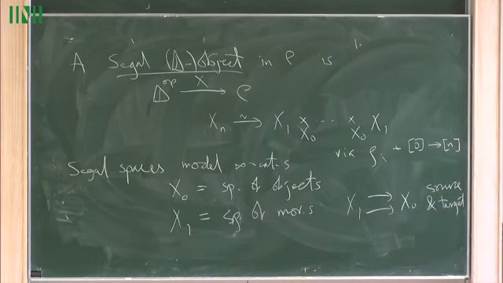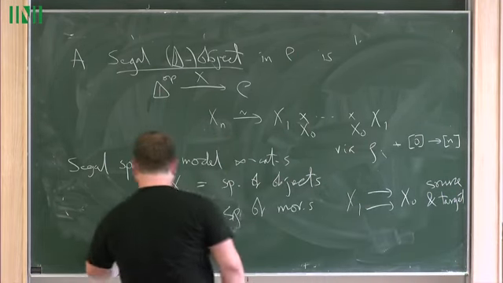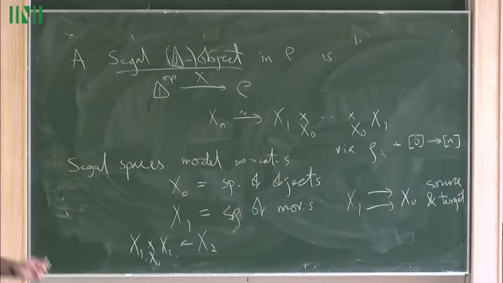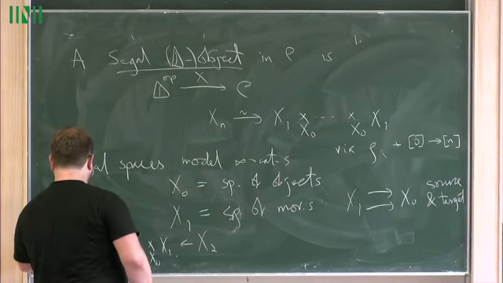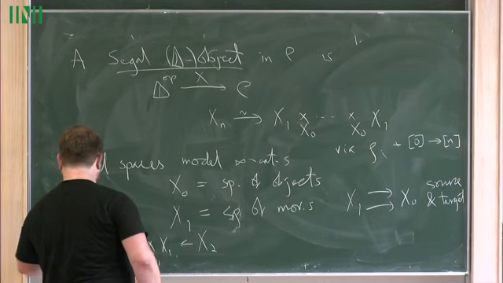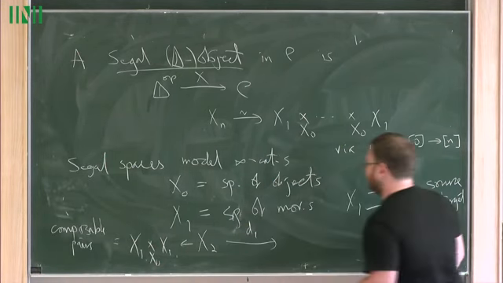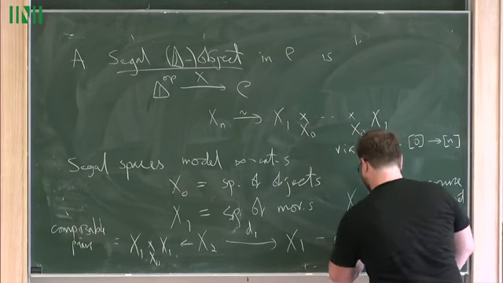Now if we look at X2, that's equivalent to the fiber product of X1 with X1 over X0, which we think of as a space of composable pairs of morphisms. And then we can do the inner face map, which gives us a composition map to X1, the space of morphisms.